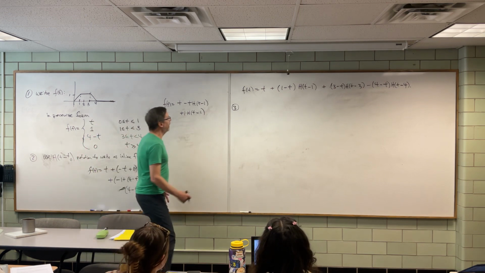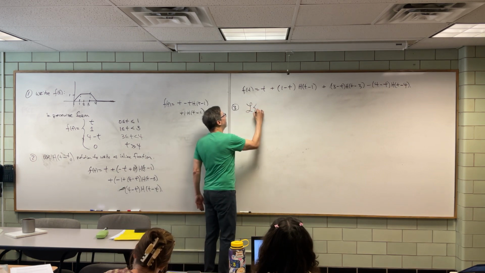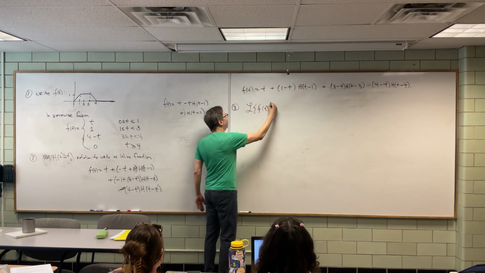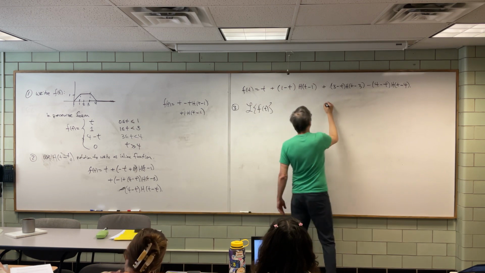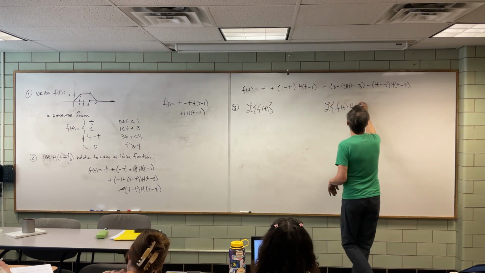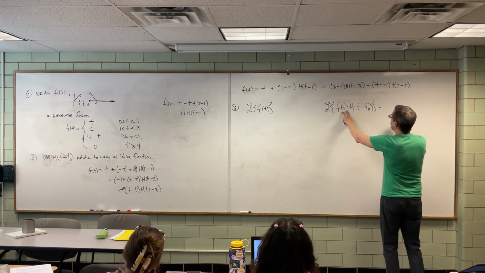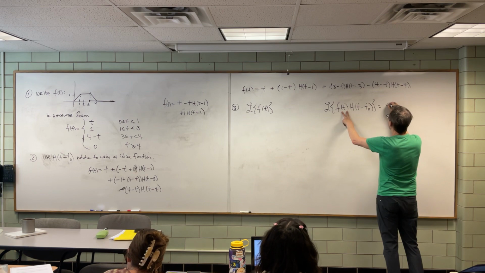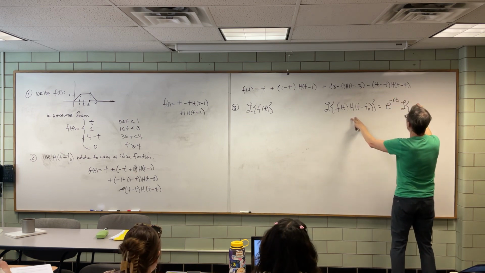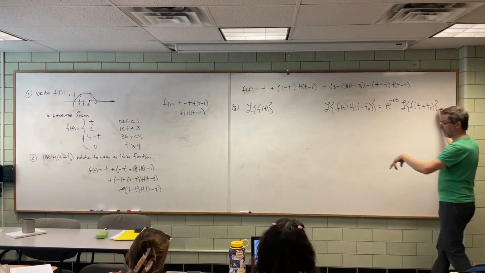Okay, so let's just do the Laplace transform now. Let me put the formula up to help you remember. If you have a Heaviside term, then what you do is you've got e to the negative s t naught times the Laplace transform of the function with t replaced by t plus t naught.